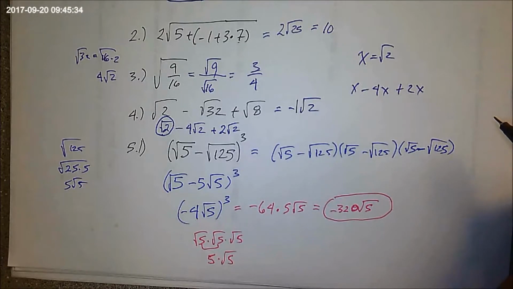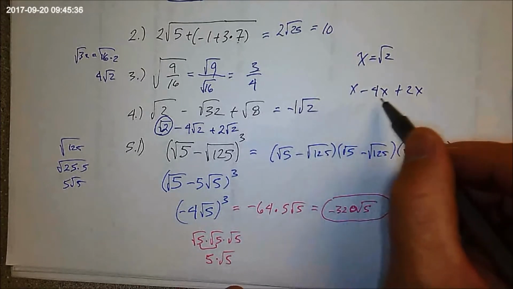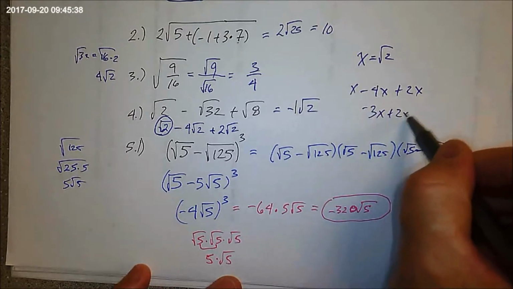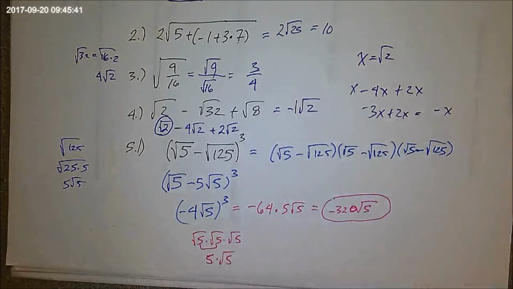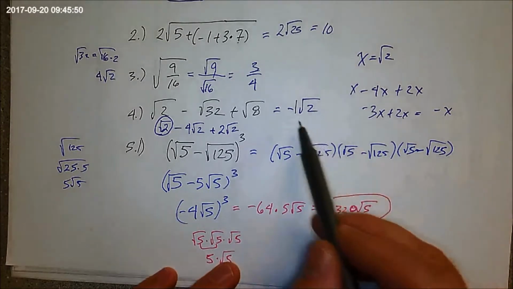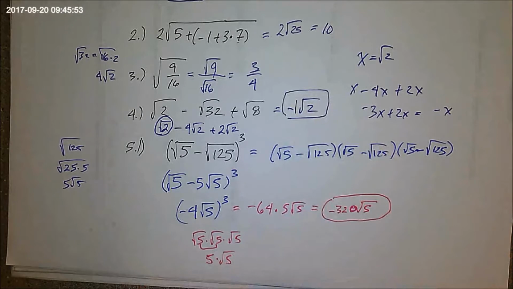Well, x minus 4x, doesn't that equal negative 2x? Negative 3. Negative 3x? Okay. Yep. So are we supposed to simplify it, or do we just leave it? Simplify what? This? It is simplified. Oh, I'm trying to simplify it. Oh, okay. I see your problem. Okay. So can we just leave it as negative square root of 2? Negative square root of 2, yes.